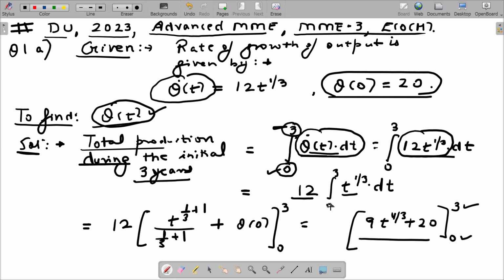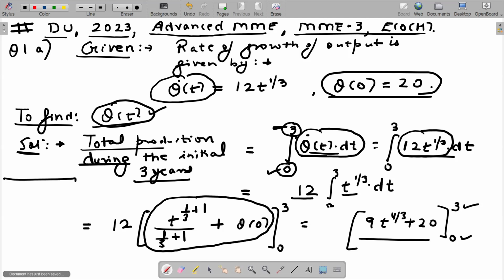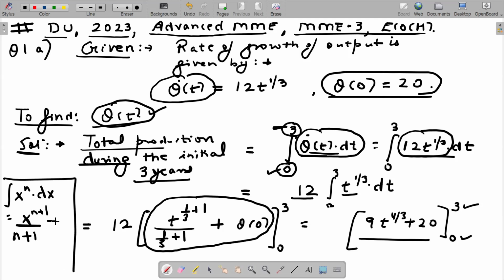I integrate t to the power 1/3. The integral of t to the power 1/3 is t to the power 1/3 plus 1 over 1/3 plus 1, plus q of 0. I'm revising it here again with all students. The integral of x to the power n with respect to x is x to the power n plus 1 over n plus 1 plus the constant of integration. This is what all students should recall from my lectures on integration.